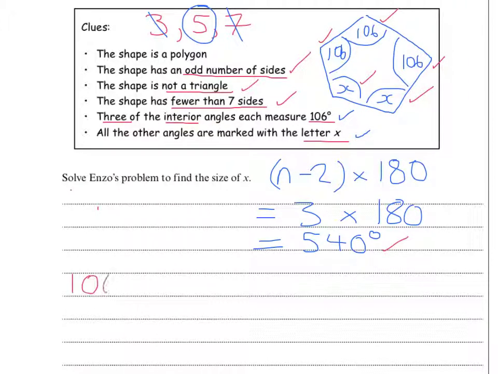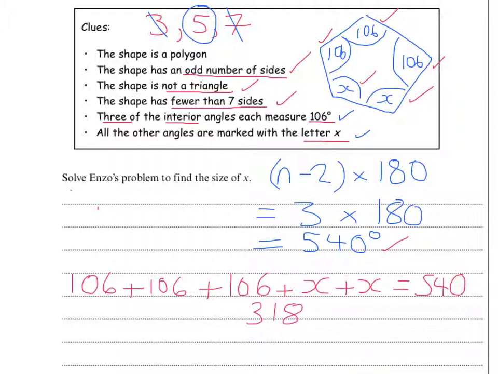So 106 add 106, add 106, add my x and my other x, give me 540 degrees. Adding up my hundreds and sixes, I've got 3 lots of them, so that's 300, and 3 sixes are 18. X add x gives me 2x, and they add up to 540.